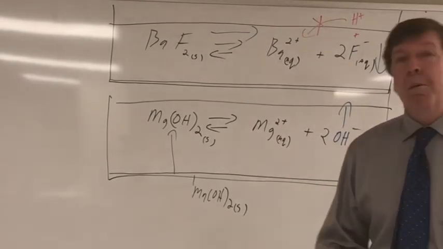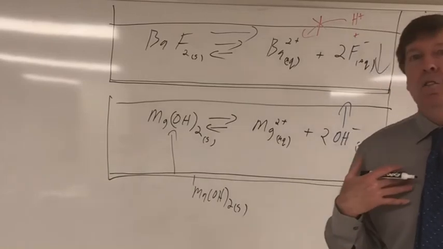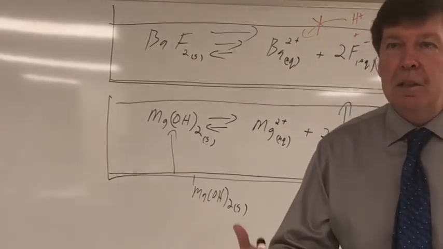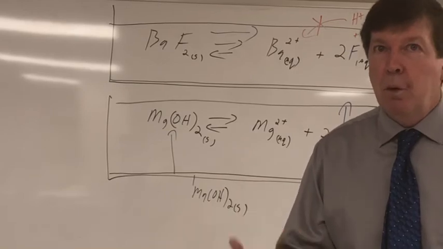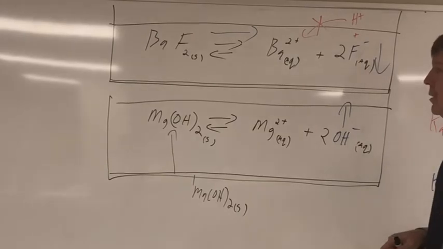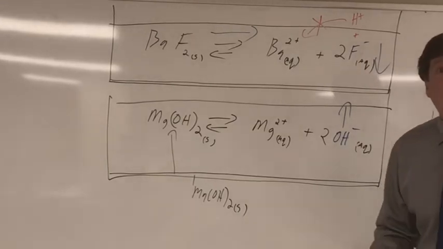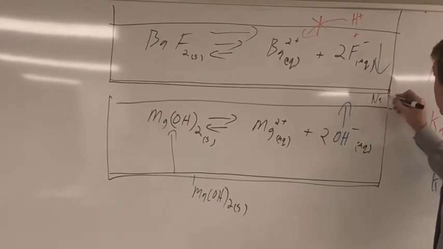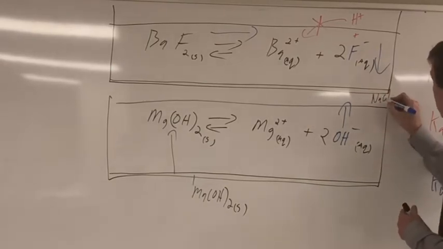And by the way, we're preparing for the AP test, but we are also preparing for my final exam. This is really important. So notice this goes up. This is a good example of the common ion effect. We've added sodium hydroxide from an outside source.